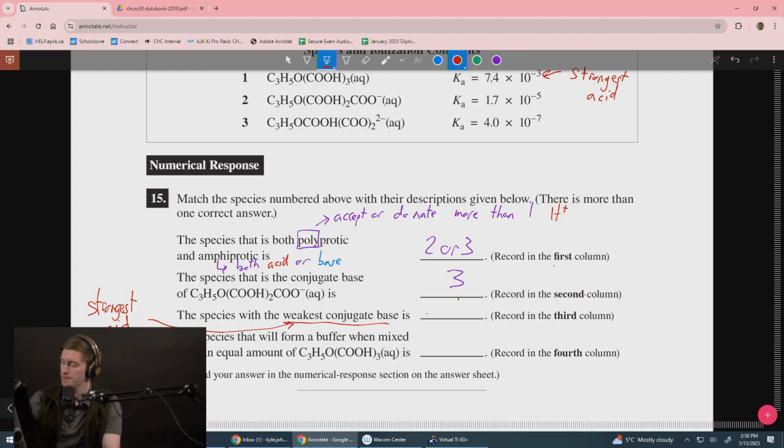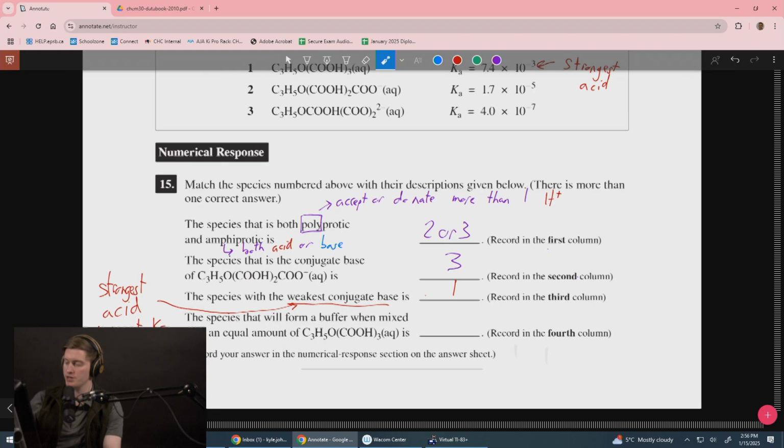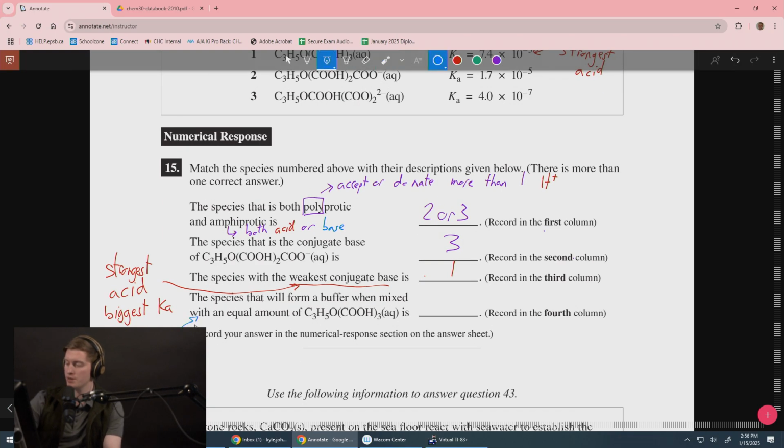So 1. And the species that will form a buffer when mixed with an equal amount of citric acid, species number 1, is what? Basically, what this question is saying is, what is the conjugate base of citric acid?